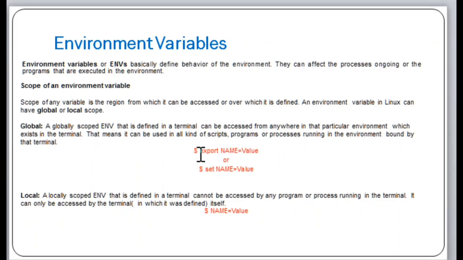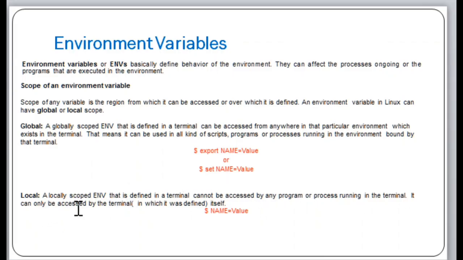So guys, when I do this, this means that if any user logs on to the system and they have a variable, let's say it's named foo and it equals bar, any user on the system will have that variable foo with the value of bar in it, and they can use it in their scripts or their terminal, okay? On the contrary, a locally scoped environment variable that is defined in a terminal cannot be accessed by any program or process running in the terminal.